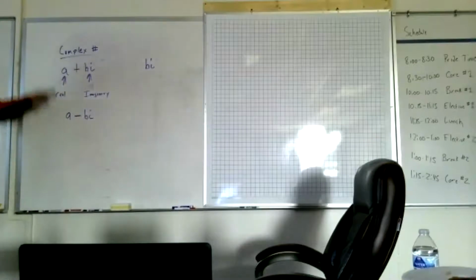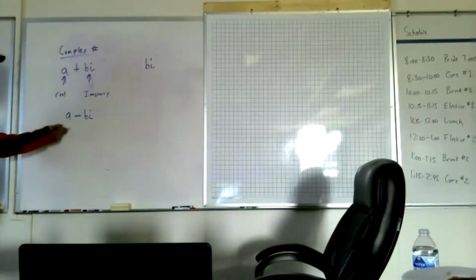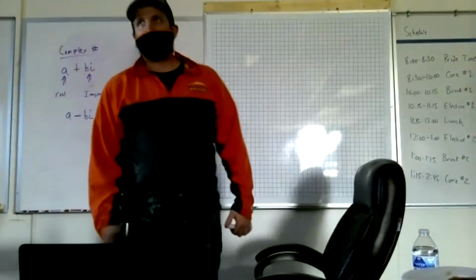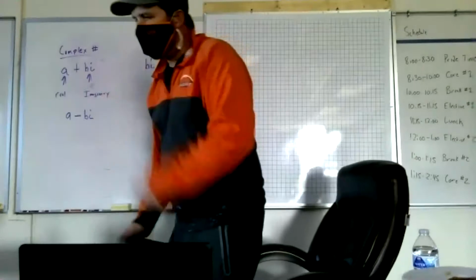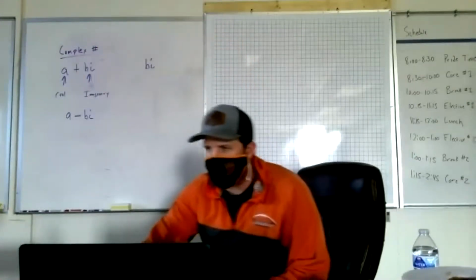These two are complex conjugates. When they're multiplied against each other, you are actually going to be left with a whole real number. That's the purpose of the complex conjugate. It's used in division, so you will see that here shortly.